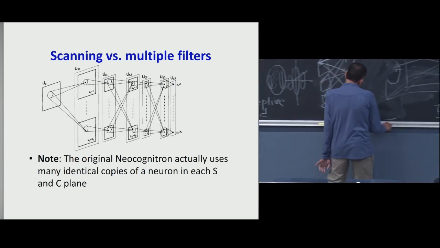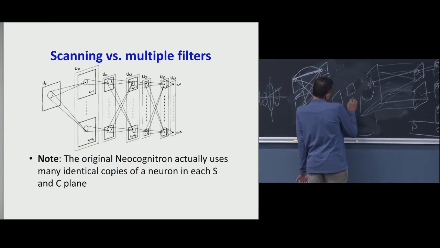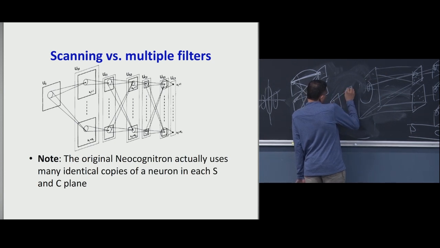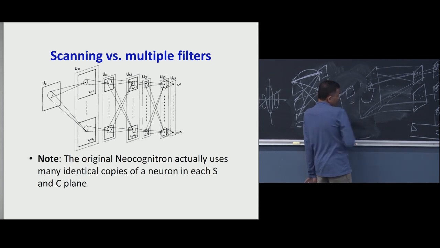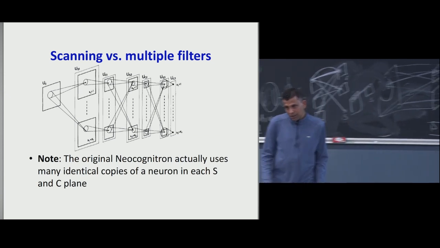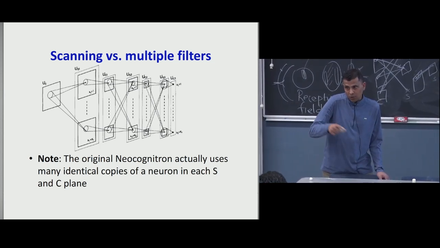computationally you can make a few distinctions. In any S cell, if I have each position, each neuron, looking at different regions of the previous C cell with exactly the same response, this is exactly the same as scanning, right? Because they're all the same neuron.